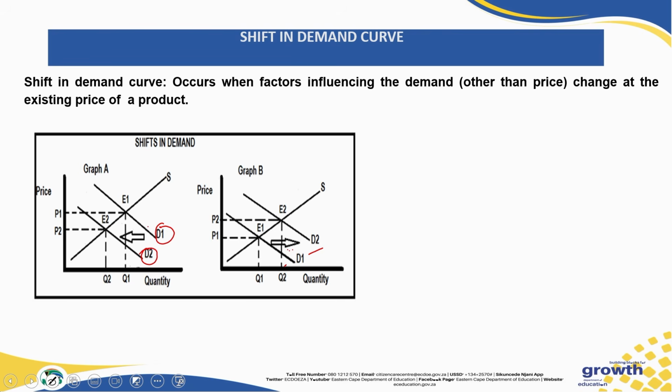So in this case, we had the D1, the original demand curve, but there was a decrease in the quantity demanded of the product. For example, it was the festive season. Then now we were out of the festive season. Many products are no longer bought because we're now out of the festive season, or else it was because of the fashion. It was still in fashion.